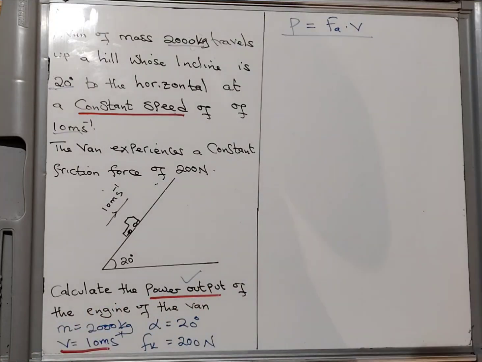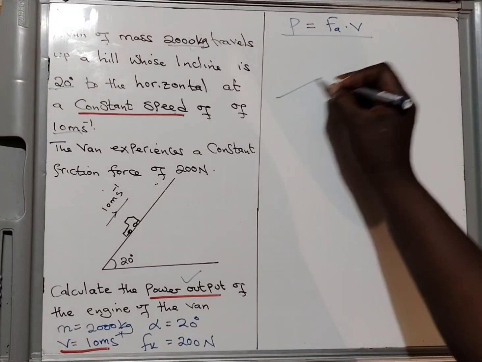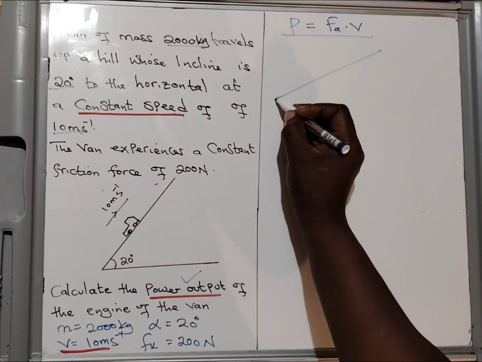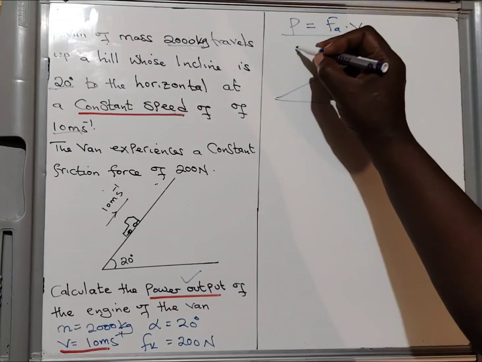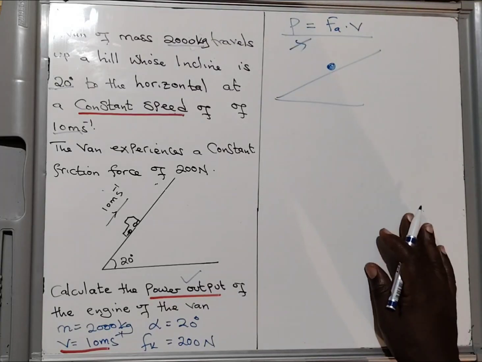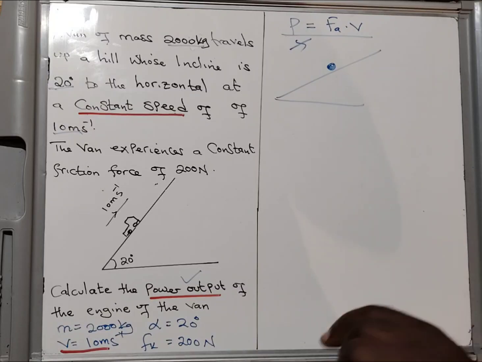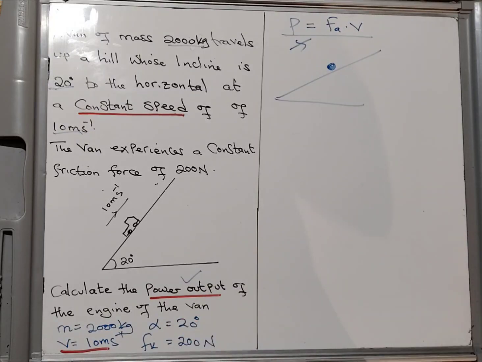So what do we do here? We look at our incline. That's what we are having for the incline. We are having the body going up. And we indicate all the forces which are acting here. I normally tell people that here you have to apply some bit of imagination.